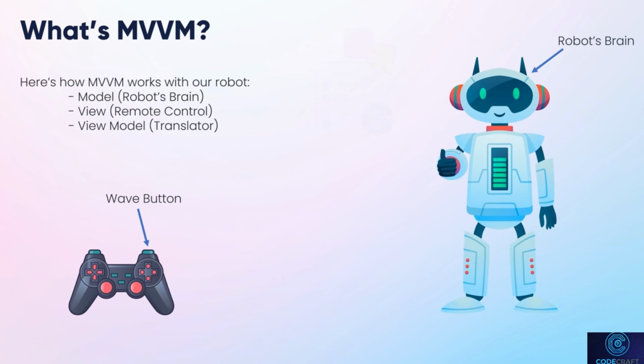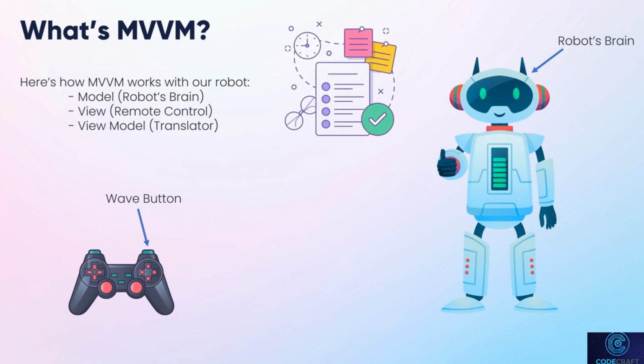The third part is the view model. The view model is like a translator between the robot's brain and the remote control. It understands the tasks the robot can do from the model and knows how to talk with the remote control, which is the view.